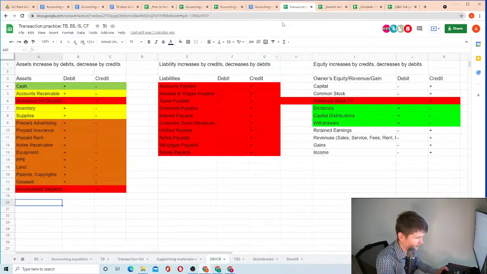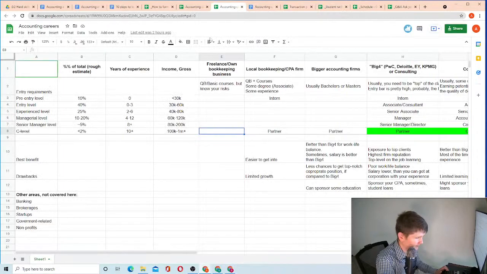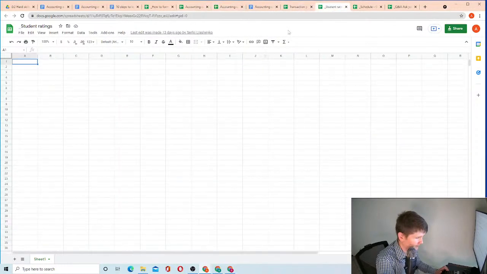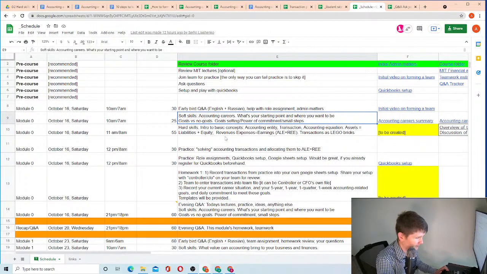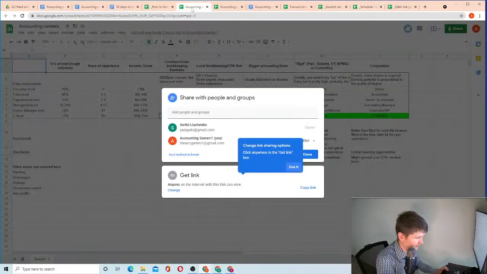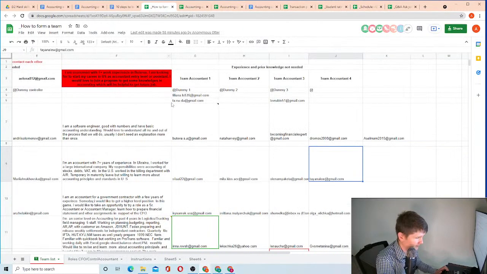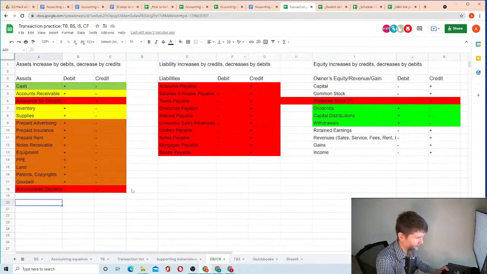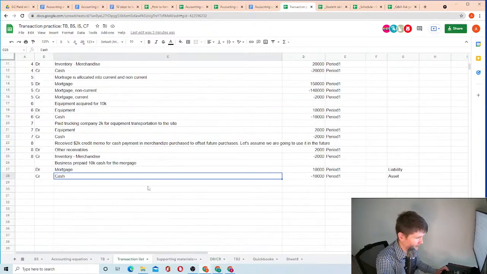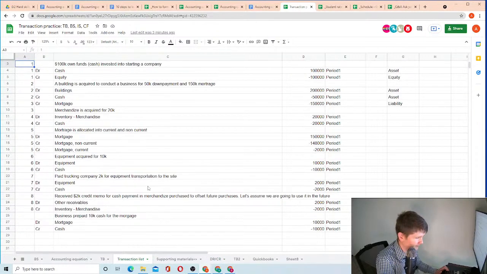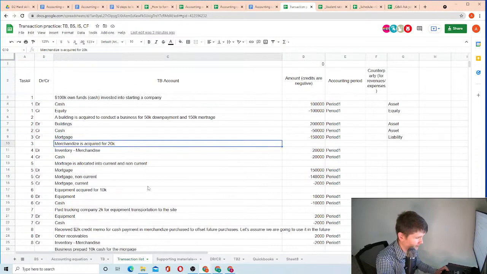So let's move on, and let's say that we already started practice sessions, and we will practice the entries as expected, and we cover a bit of revenues, expenses, and equity transactions in the practice. So let's go through practice transactions first.